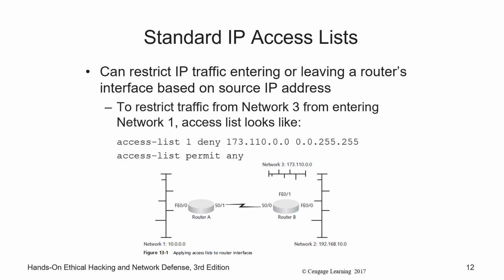And then the access list, the one lower than that in precedence, is permitting any. So this will block network 3.